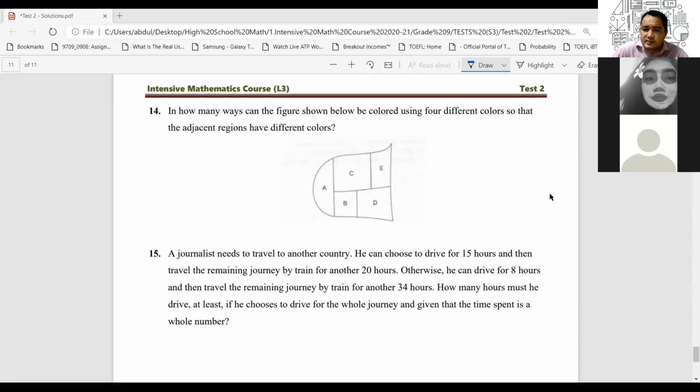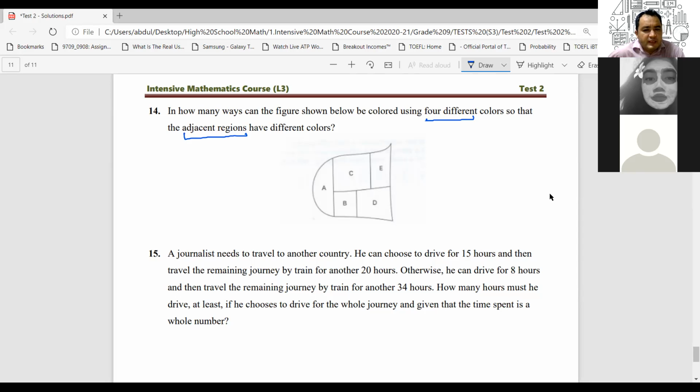In how many ways can the figure shown below be colored using 4 different colors, so that the adjacent regions have different colors? What does adjacent regions mean? Connecting ones. Adjacent regions means sharing a common side. For example, let's say the regions B and E, are they adjacent to each other?